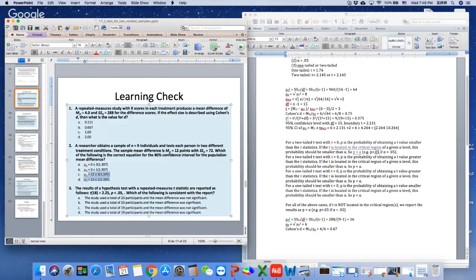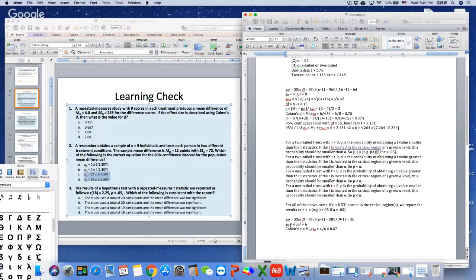So these two options are wrong. And then let's compute the SMD. We know the SS right here.